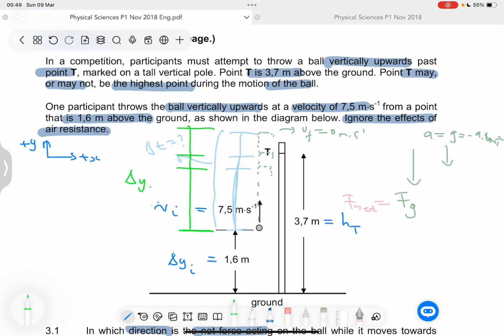But the maximum height would be from here to any of these heights here. So this distance from here to here or here will be defined by change in y max.